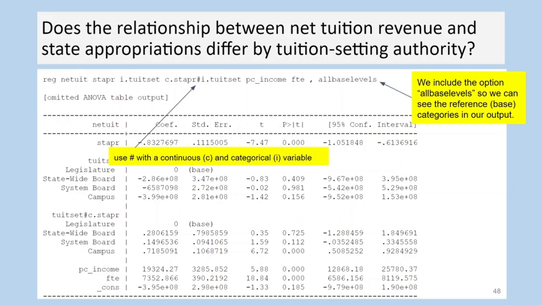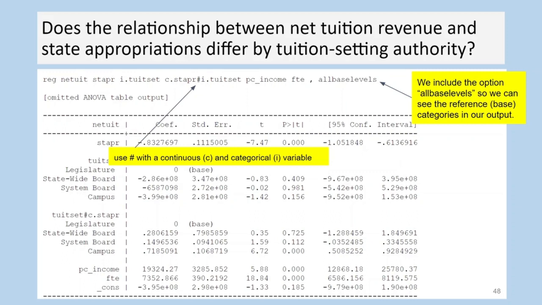Would another way of saying this be that if you have a campus setting authority, having the campus set your authority versus the legislature, raises the slope of state appropriations? Because state appropriations and net tuition have a negative effect.